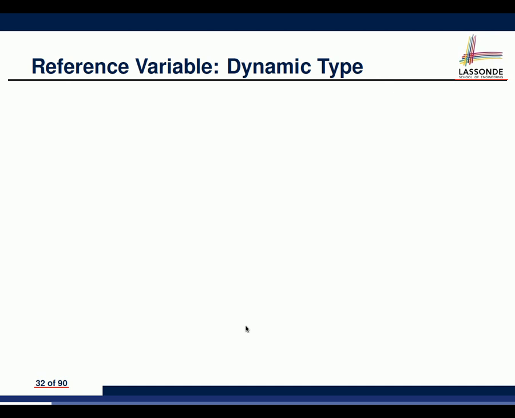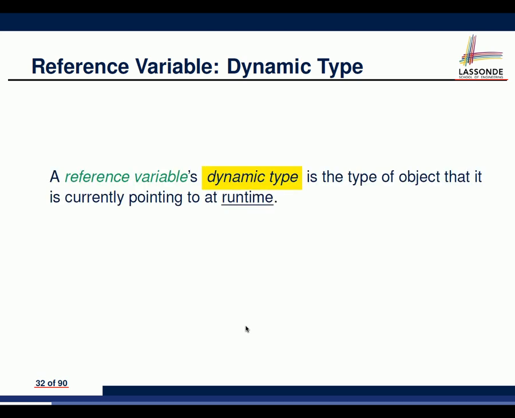We just talked about static type, which never changes. But let's talk about something that can always change. That's called dynamic type. Okay? That's the more fun part. Because for the dynamic type, you have to keep track of them if you want to know the behavior at runtime. So a reference variable's dynamic type is the type of object that it is currently pointing to at runtime.